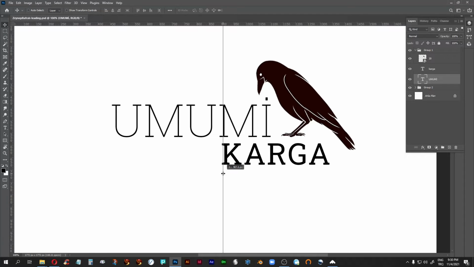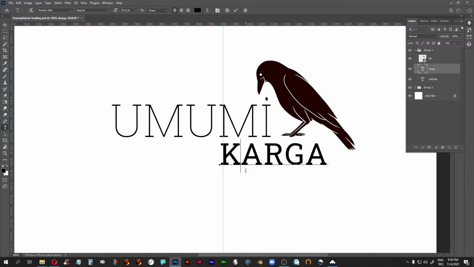Now let's add a guide here, and then move the old karga over here. There are some kerning issues that need to be fixed, so this can come in a bit. This can go out a bit, this can go out a bit, and this stays the way it is. So now this is equal.